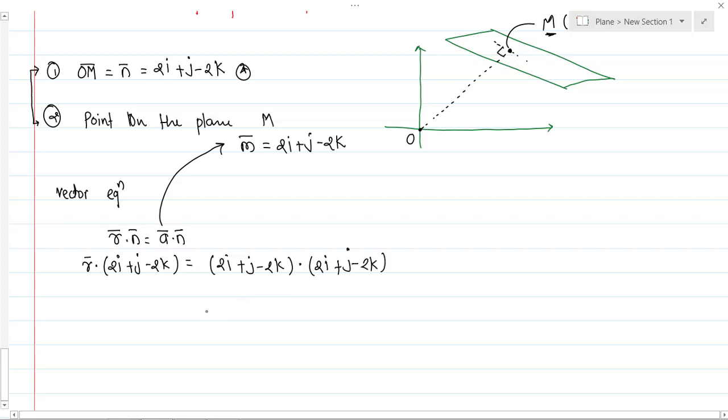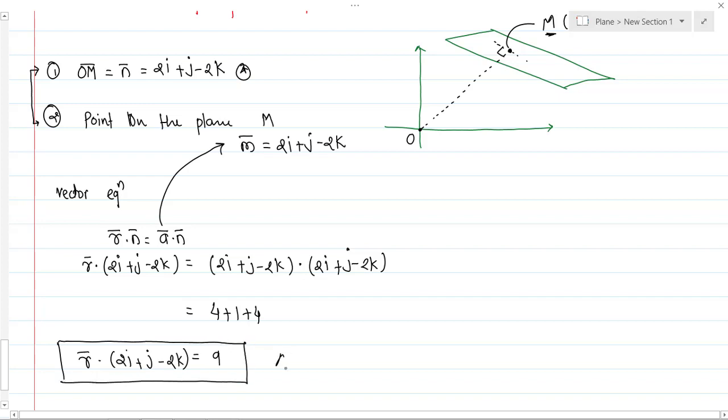If you solve this, you get 2 into 2 is 4, plus 1 into 1 is 1, plus 4, which is 9. So r bar dot (2i plus j minus 2k) equals 9. This is the required equation of the plane, my final answer in vector notation.